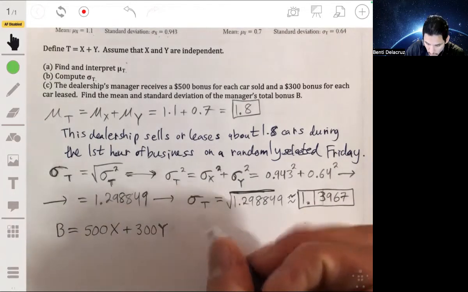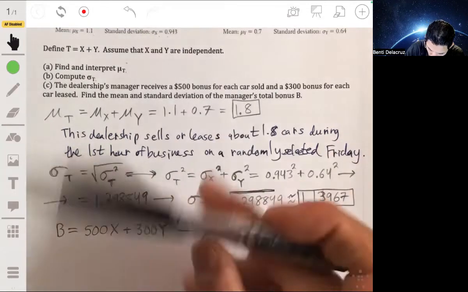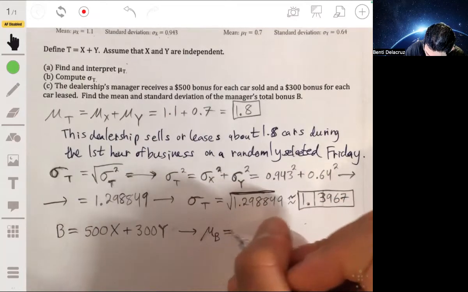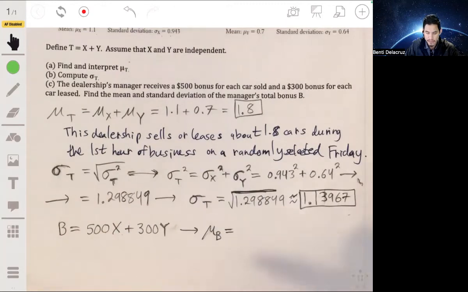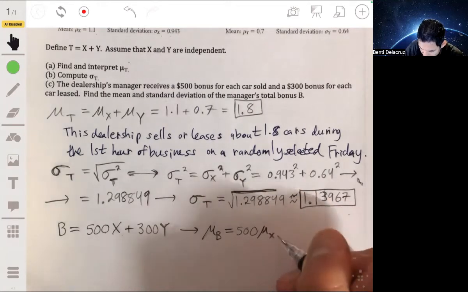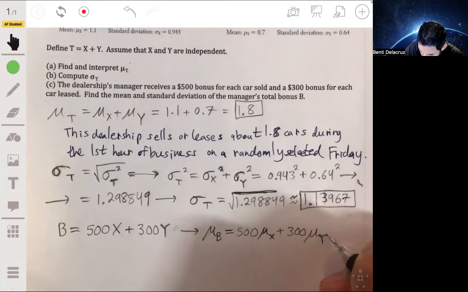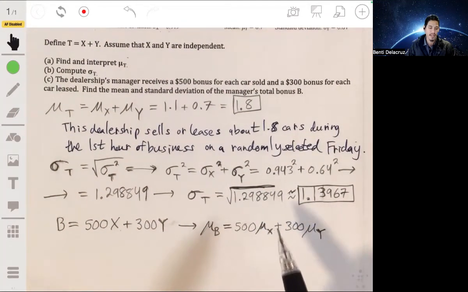So the mean of B will be equal to 500 times the mean of X plus 300 times the mean of Y. Because remember, this is just multiplying by a constant, and measures of center multiply by that same constant.